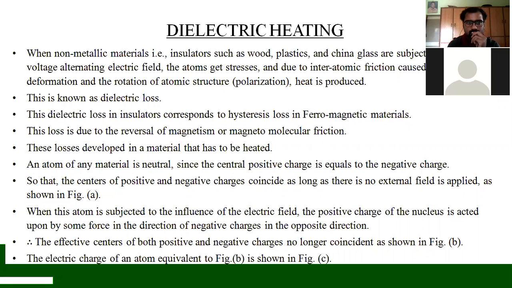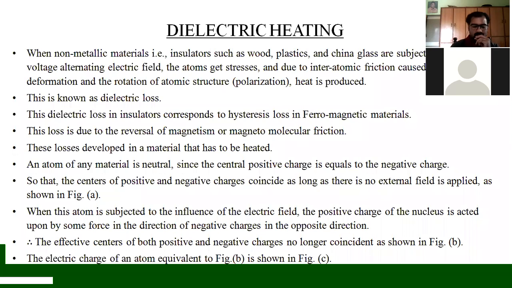We use non-metallic materials as the charge. What are non-metallic materials other than electrically conducting materials? They are insulators, without any electrical conduction properties, such as wood, plastic, and glass.